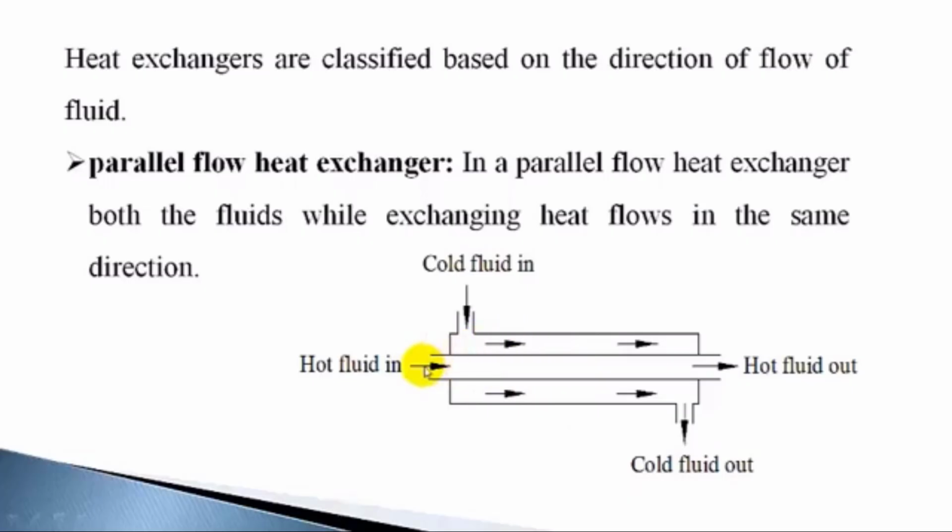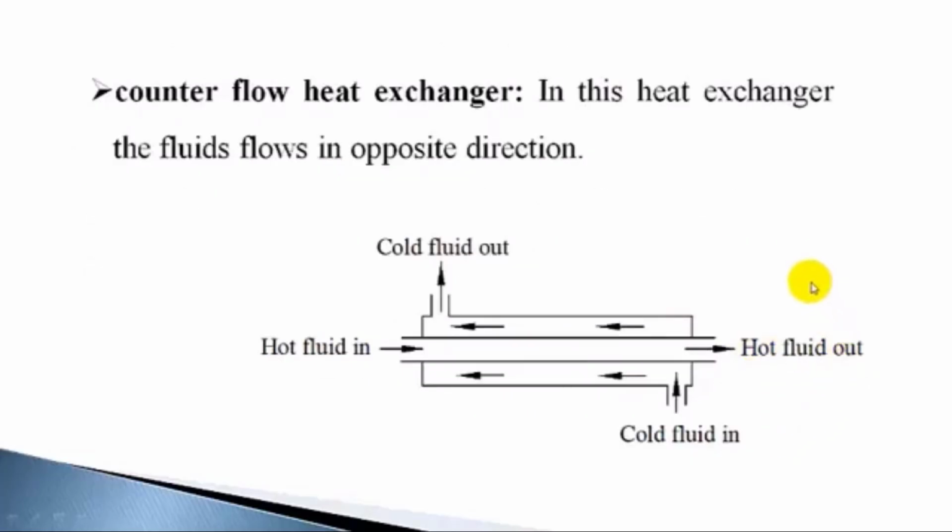So when both the fluids flow in the same direction, it is called parallel flow heat exchanger. While flowing through this tube, hot fluid exchanges heat with the cold fluid, and both the fluids are flowing in the same direction.